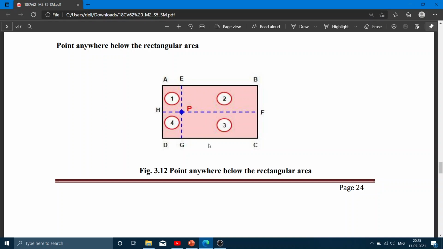In this case, as shown in the figure, parts 1, 2, 3, 4. The figure shows the location of point P below the rectangular area ABCD. The given rectangle is subdivided into 4 small rectangles as shown in the figure, each having one corner at P. Vertical stress at P due to the given rectangular load is equal to that from the 4 small rectangles.